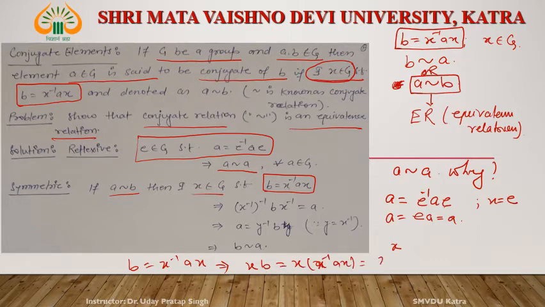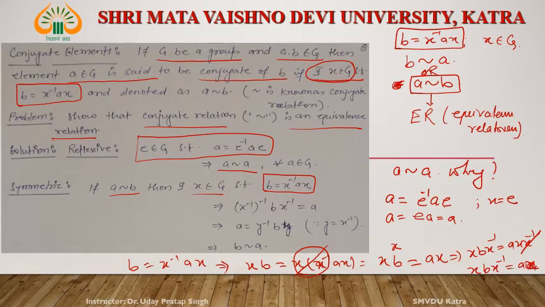What is X inverse X? This is identity. So this one is AX, and operate X inverse on both sides: XB X inverse, this is X inverse, and what is this? Identity. Means XB X inverse is equal to AX.